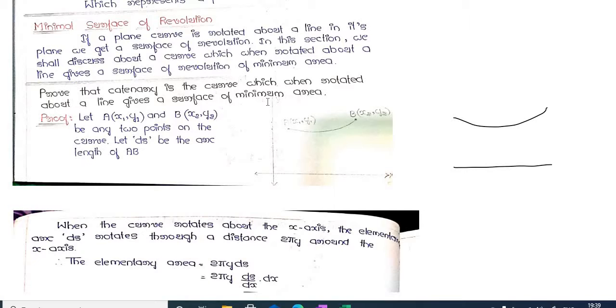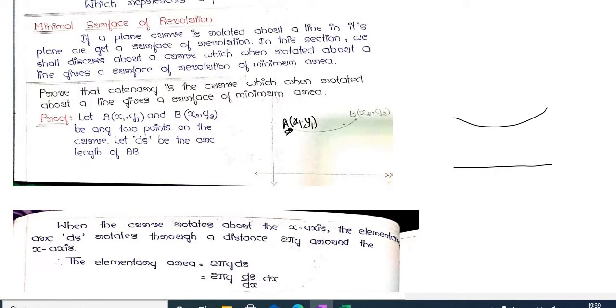That is the question. So let A of x1, y1 be a point, and this is the point B, x2, y2, be any 2 points on the curve.